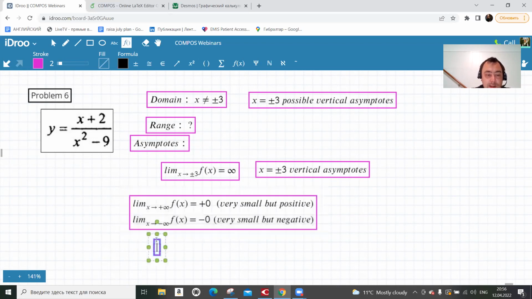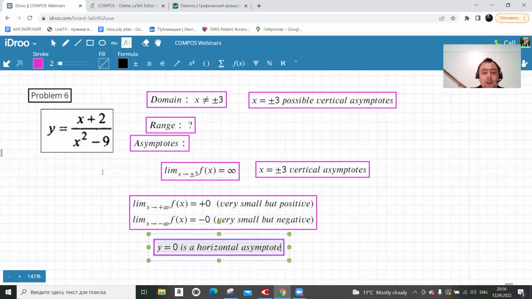That means that y equals 0 is a horizontal asymptote on both sides.